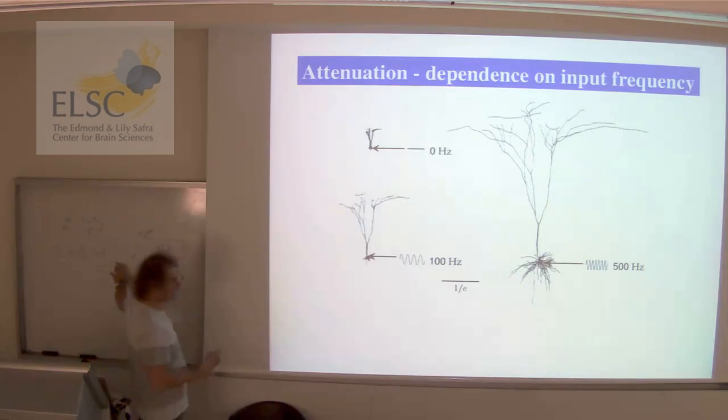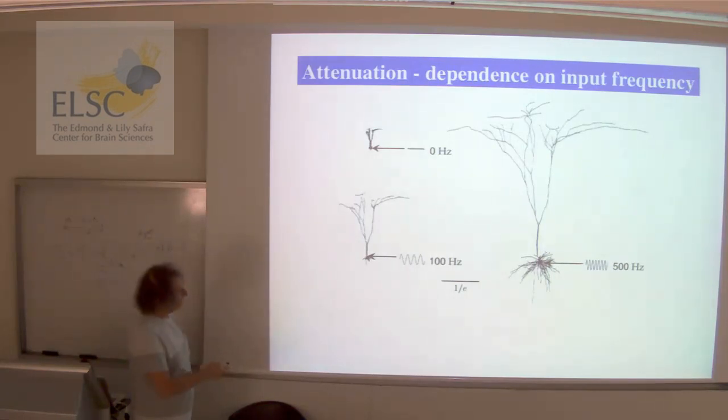The typical classical lambda space constant is for the steady state case. So everything is steady state, yes? Those are the graphs I showed you. The input I is steady state, and you see the steady state voltage attenuation, so there is no time. But you can also define the space constant as a function of frequency.